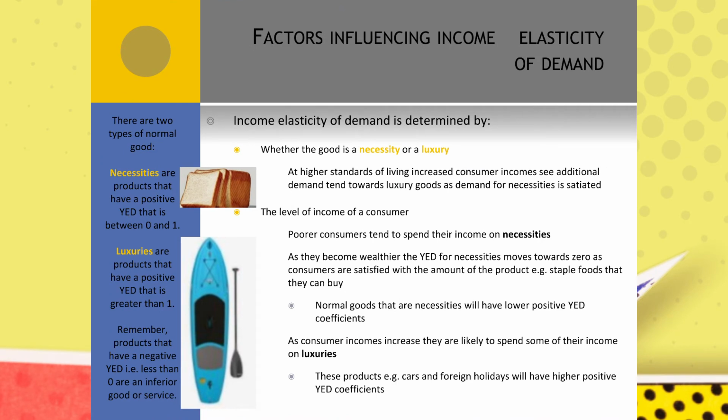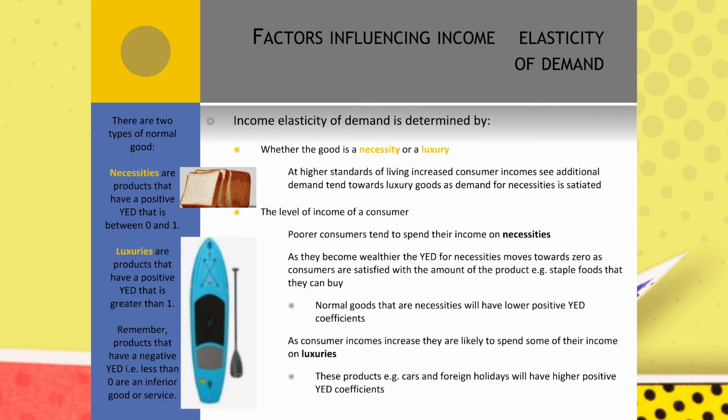So just like we looked at in demand, there are factors that influence this. So income elasticity is determined by whether the good is a necessity or a luxury. So at higher standards of living, increased consumer incomes will see a demand towards luxury goods as demand for necessities is satiated.